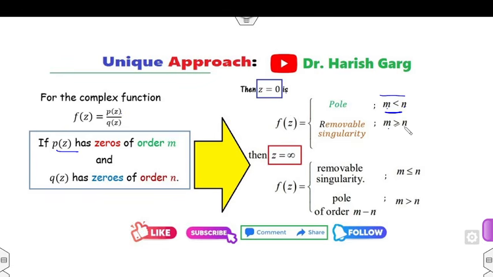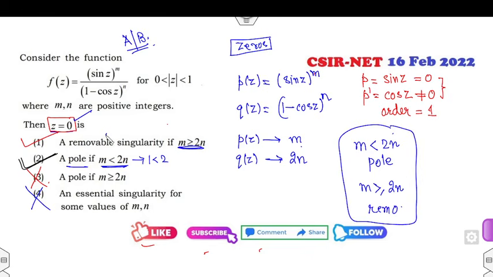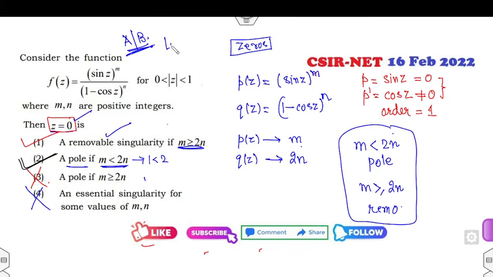And whenever m is greater than or equal to 2n, we call it a removable singularity. These are the shortcut tricks I have given. So m is greater than or equal to 2n is removable, otherwise pole, and the rest of the options are cancelled. A and B are my correct options. But if you forget these shortcut tricks, then my usual method is to take the limit and check whether it is infinity, finite, or does not exist.